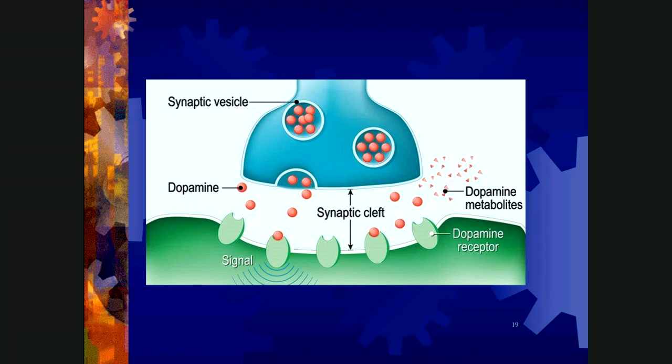With serotonin, which I don't have a slide for, we also have receptors on what we call the presynaptic cell, the starting one. Sometimes when it's released, it attaches here and goes back. So this is just to give you an idea how neurotransmitters work. When medications come, they could take the place of the neurotransmitter here.